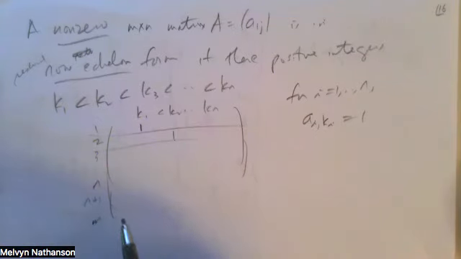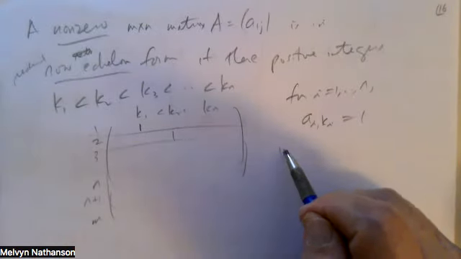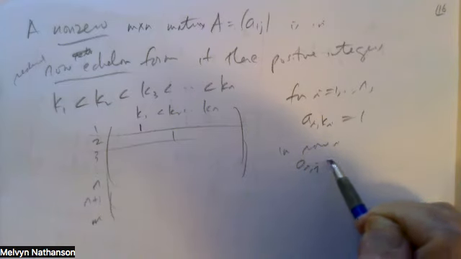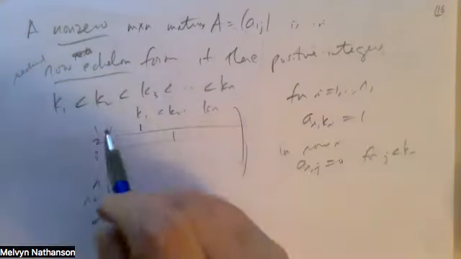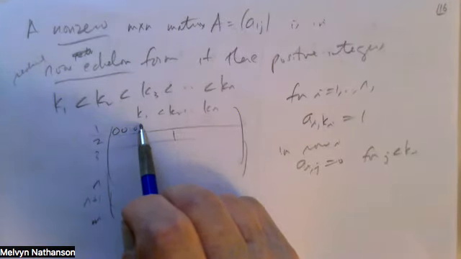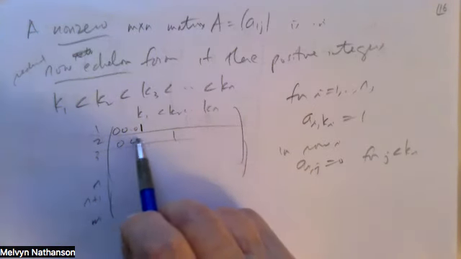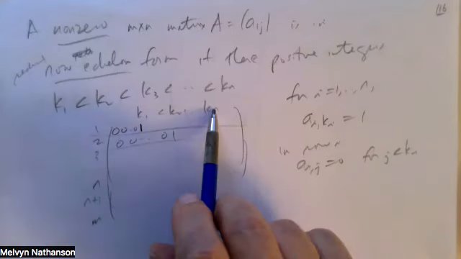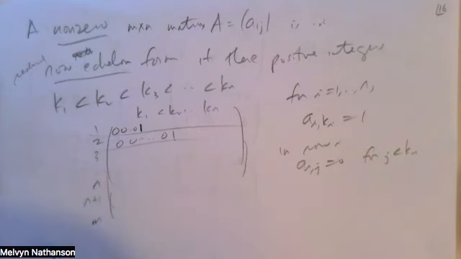That's the first property. Second, if you look at row I, aij is 0 for j less than k sub I. So in each row, you have zeros, and then the first non-zero entry that occurs is a 1. And because the k's are increasing, these 1s are moving to the right as you go from one row to the next.